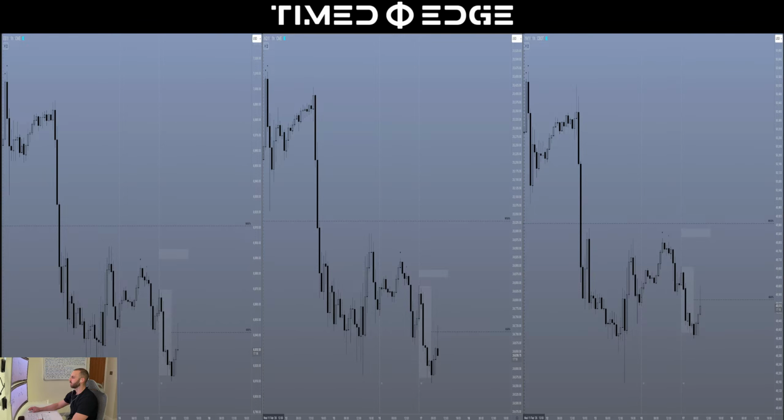Oh yeah, so that was it, wasn't it? GU was above. So that's why I was looking at that level there. GU was above, and then we just start pressing, moving down, right?